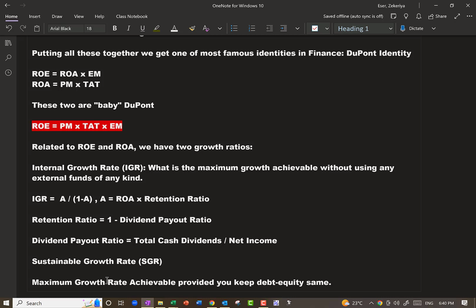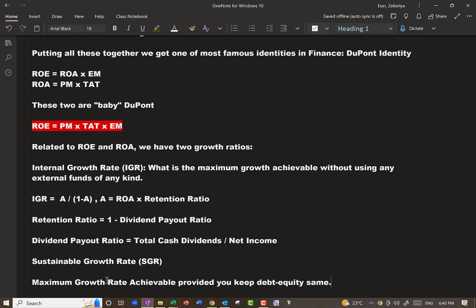So you are allowed to use external resources, but when you do, you're going to keep that equity ratio the same. For example, that equity ratio for Kroger is 4, right? Roughly. Their EM was 5.